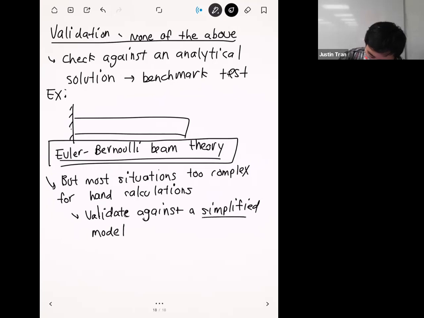What I mean by simplified model is to take your complex geometry and simplify it as much as you can until you get it to the point where you can run a hand calculation.